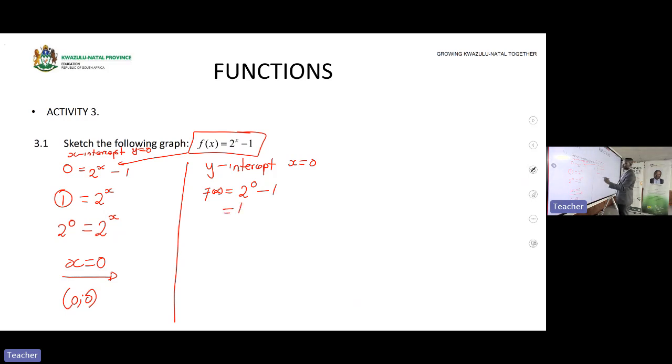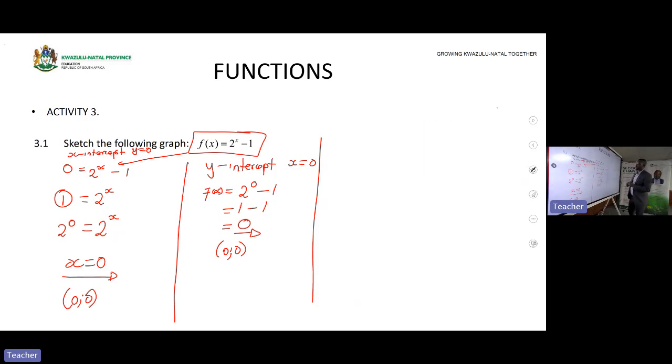Anything raised to the power of 0 is 1, minus 1, which will give us 0. So the y-intercept is also 0. So it means our graph passes through what? It passes through a point where x is 0 and where y is also 0, because our x-intercept as well as our y-intercept is 0.